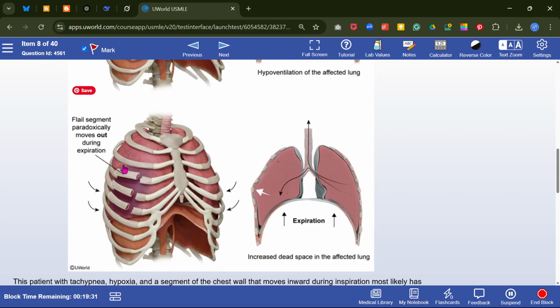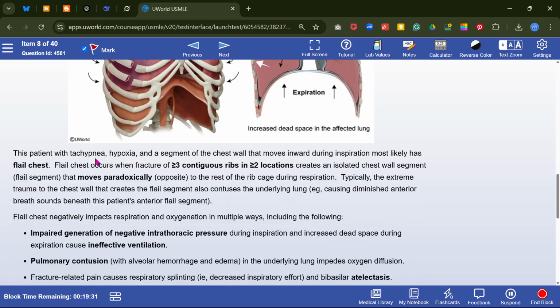This flail segment paradoxically moves out during expiration, and moves inward during inspiration.